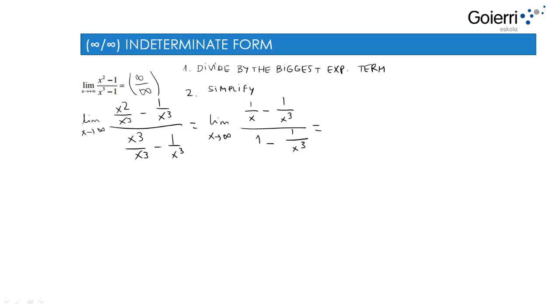Now, as usual, we have already simplified, so the last step is to plug infinity into the function. So 1 over infinity is 0, minus 0, divided by 1 minus 0. This is 0 over 1, 0. So the result for this limit is 0.